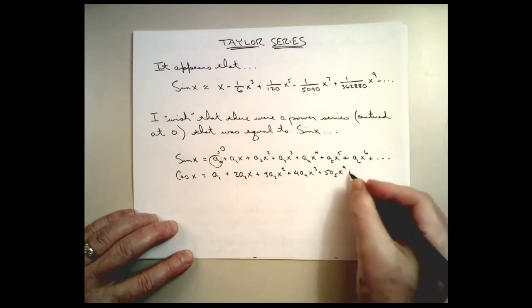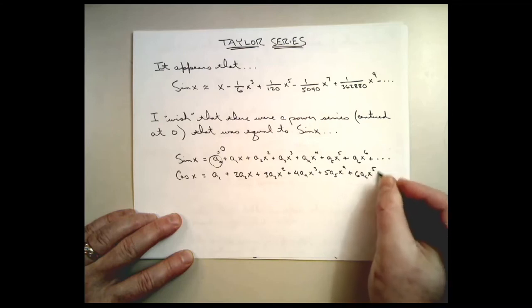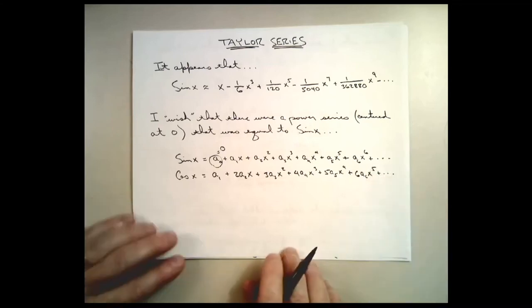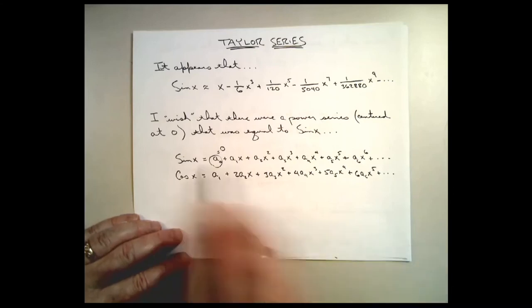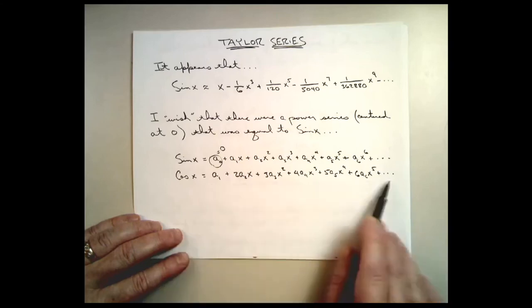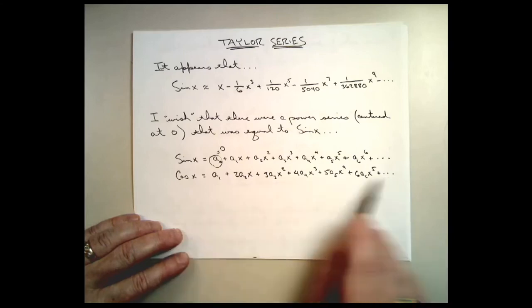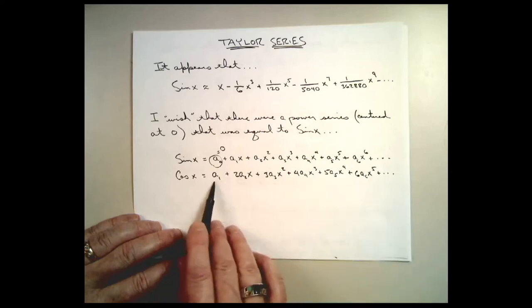I could do this all day. 6a sub 6 x to the fifth, and so on. But I won't do it all day. I'll stop there. We get the idea. But now I can play the same trick I played before, right? If x is 0, the right side collapses down to a1.